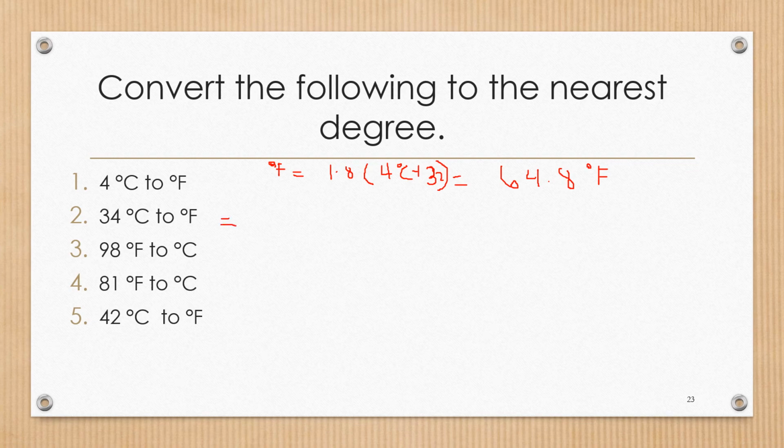So from degrees Celsius, the same, no? We will be using the same formula. Degrees Fahrenheit equals 1.8 times 34 degrees Celsius plus 32.